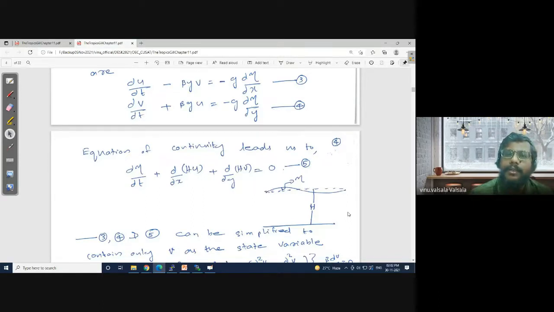Then we have three key equations, as shown here: equations 3, 4, and 5. As a special case, we considered yesterday the Kelvin wave, where there is no V component, and a jet at the equator.